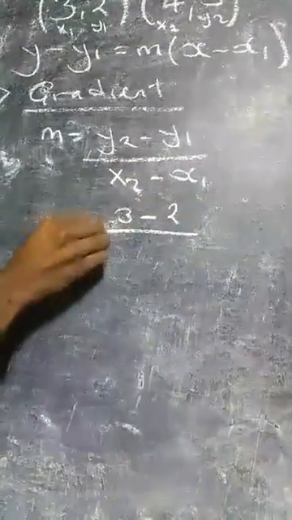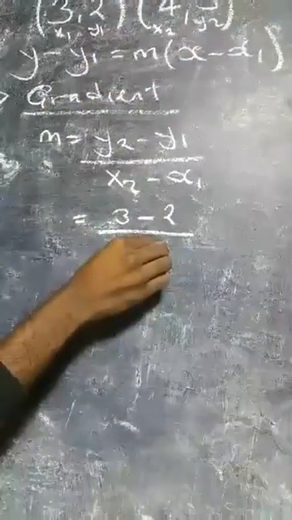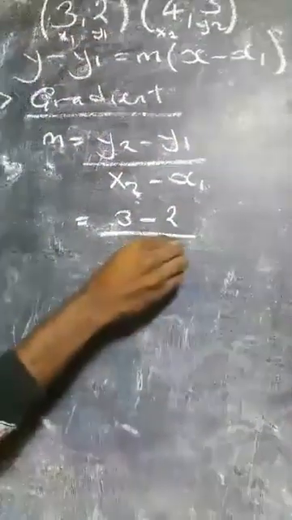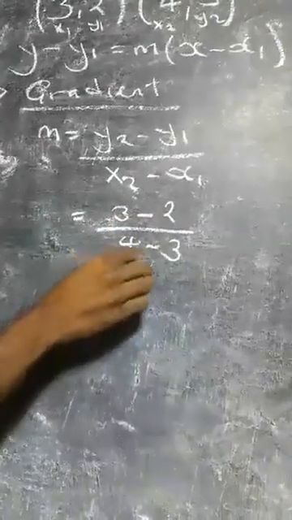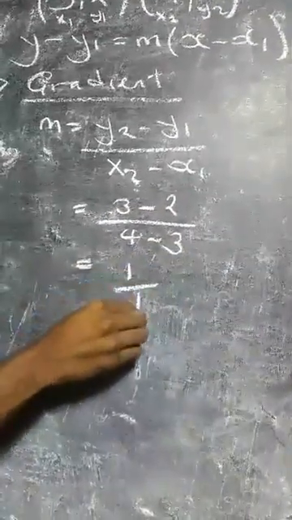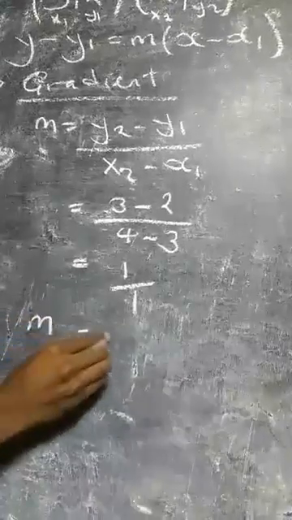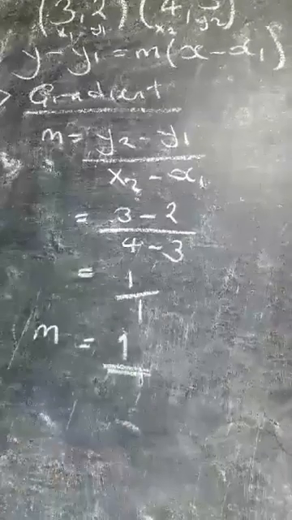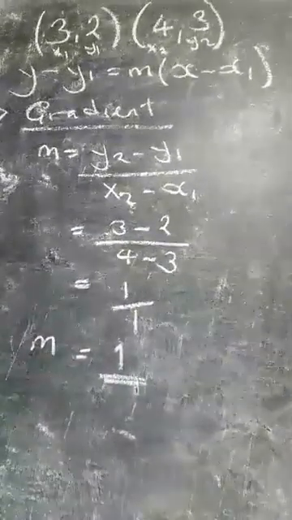Then you're dividing over x2 is a 4 minus x1 is a 3. So 3 minus 2, that's a 1, of course. 4 minus 3, that's again a 1. That means your gradient m is just equal to 1. That's your gradient.